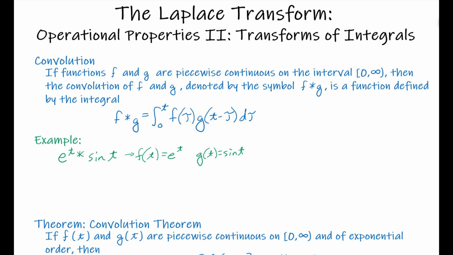This gives us that f of tau equals e to the tau, and g of t minus tau equals sine of t minus tau.